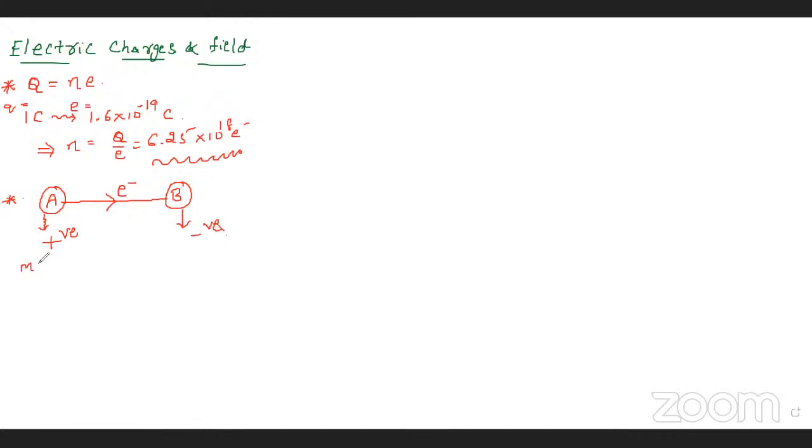But please remember, the mass of body A will decrease, but the mass of body B will increase. If any body loses electrons, its mass has to decrease. If any body gains electrons, its mass has to increase.